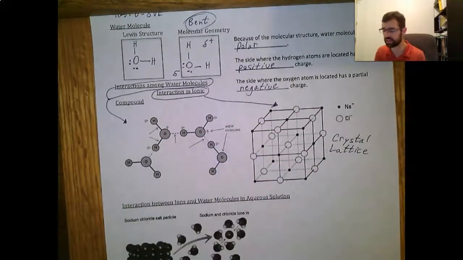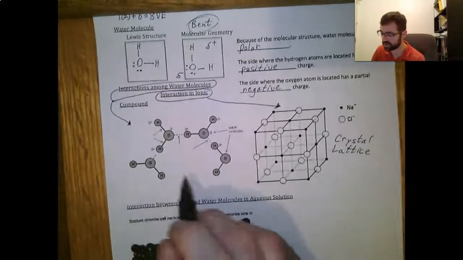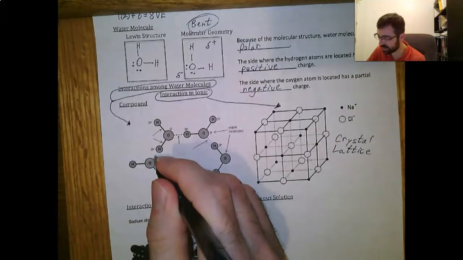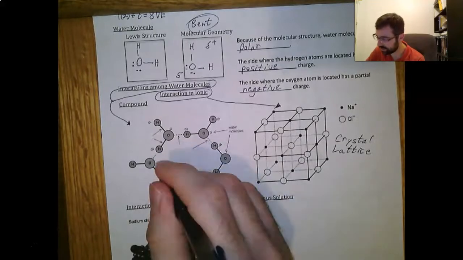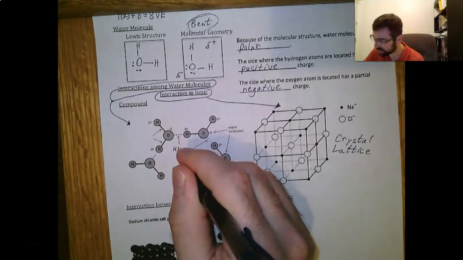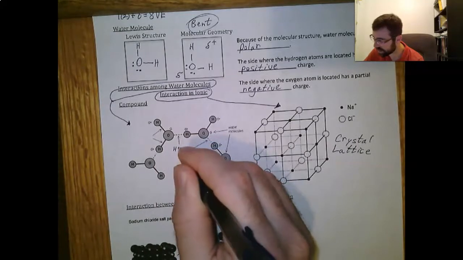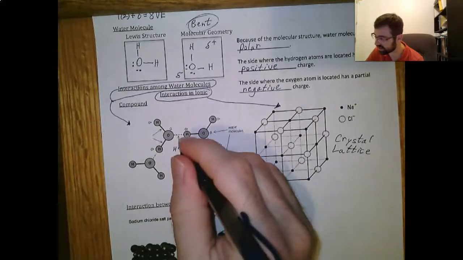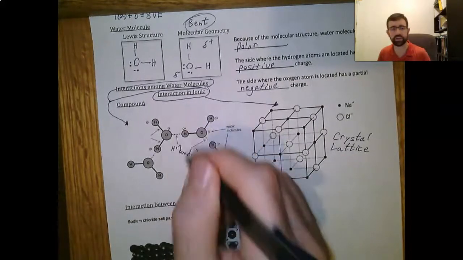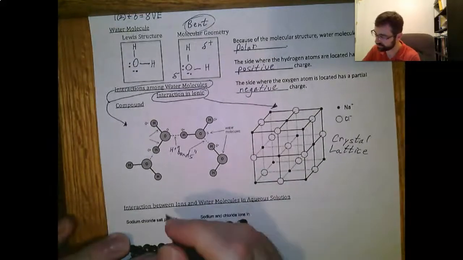It's not held rigidly in a lattice structure like that. The molecules tend to float more freely, especially since water is a liquid. But we still have attractions between them, and we call these hydrogen bonds. Remember, it's not a real bond, but these attractions between the H and the O are called hydrogen bonds. It's an intermolecular force.